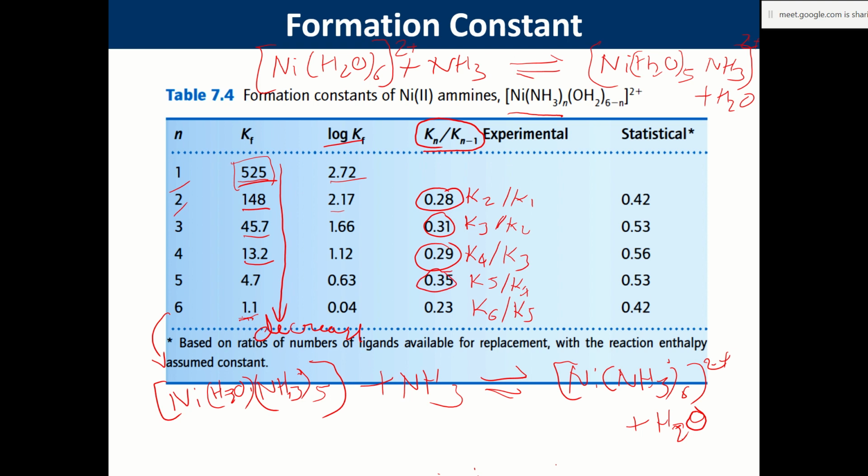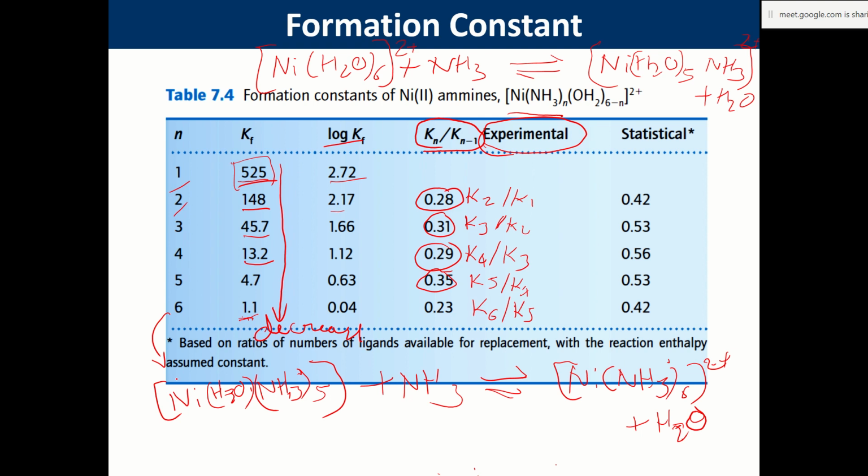In the entire situation we find that, experimentally, when we compare two successive equilibrium constants, the formation constants, the ratio is almost constant: 0.28, 0.3, so all around 0.3.